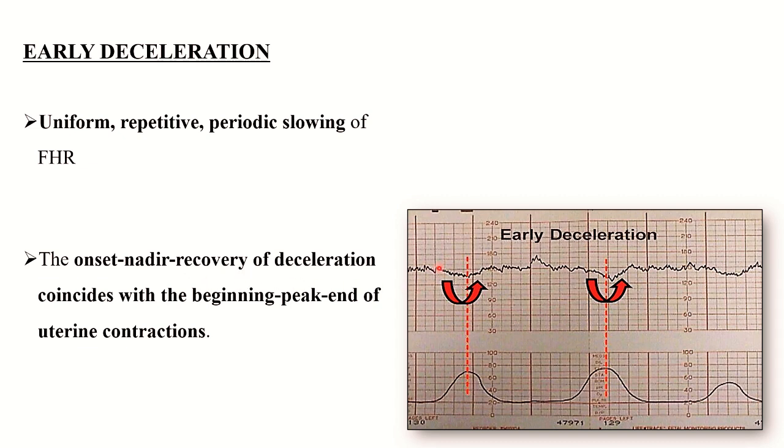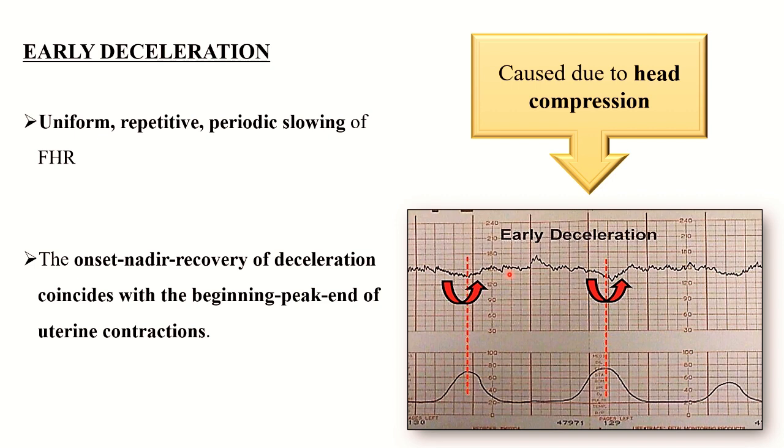So whenever there is the starting of the deceleration, it coincides with the starting point of the uterine contraction. When the uterine contraction is at its peak, the fetal deceleration is also at its peak, and when the uterine contraction is ending, the fetal deceleration is also ending simultaneously. So they are completely synchronous with each other.